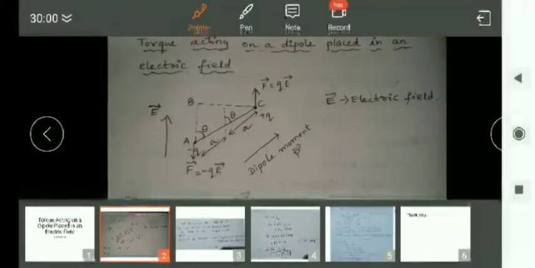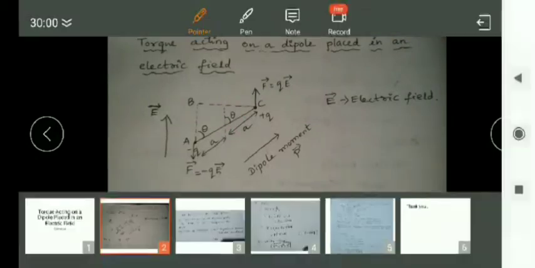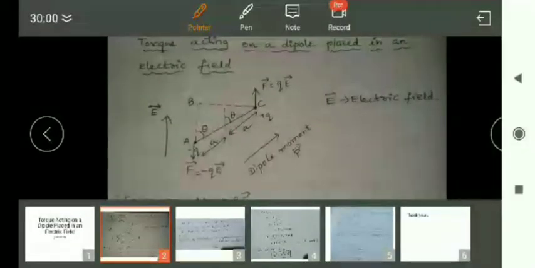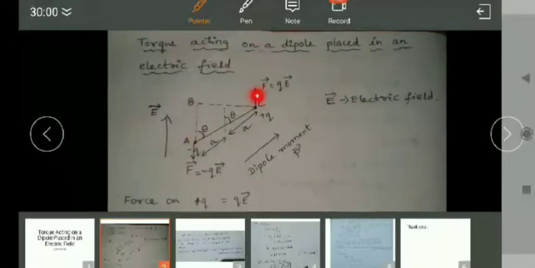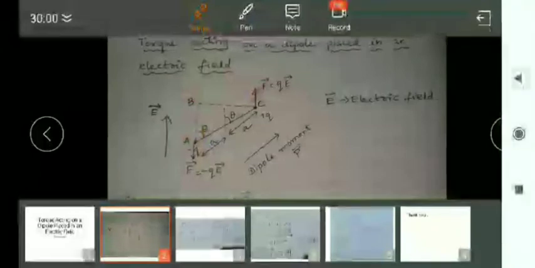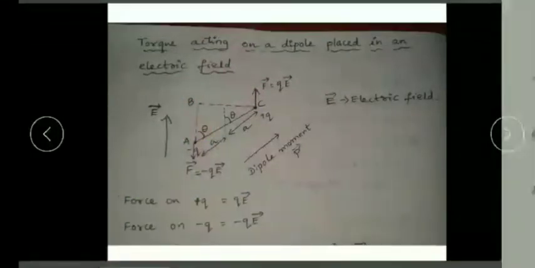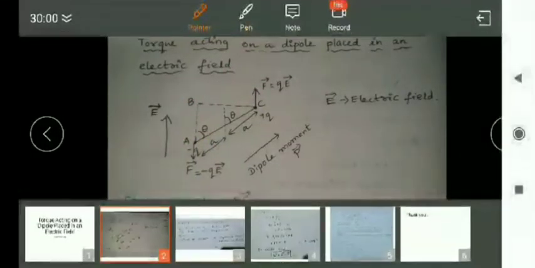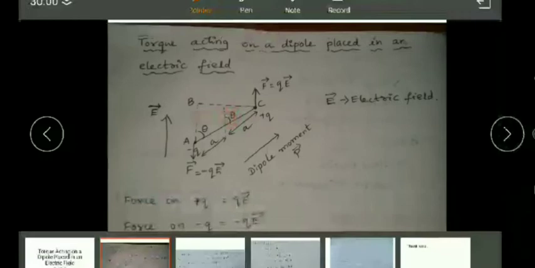At the center of dipole, I have measured the angle. I got the angle as theta. Now, if I complete a triangle here, like ABC, this angle is also theta. Mathematically, you know that this angle is also theta. These two lines are parallel, so this angle is also theta.